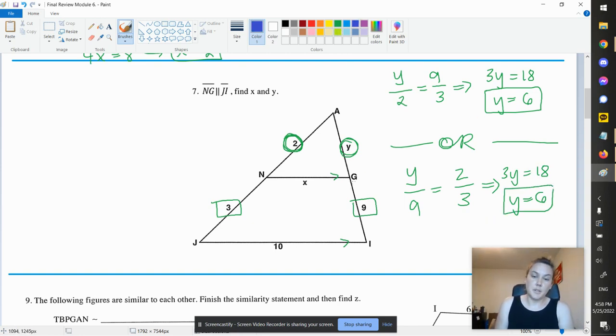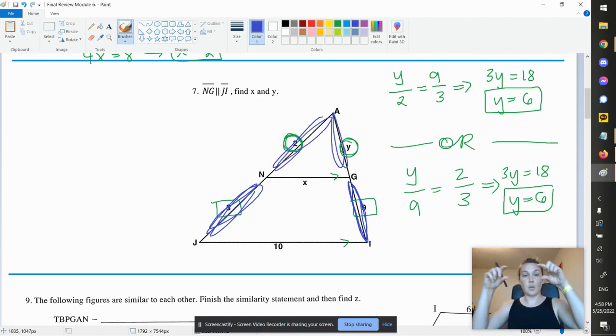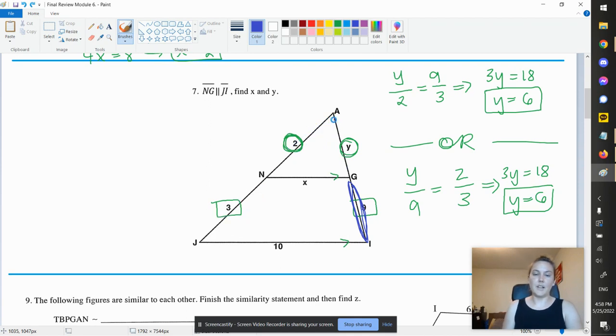You might notice that down here, because y and 3 are both single parts of the side, and 2 and y are also parts of the side, we don't have to add anything together. We don't need to add 2 and 3 together to make 5. However, when we're solving for x, x's partner is 10.